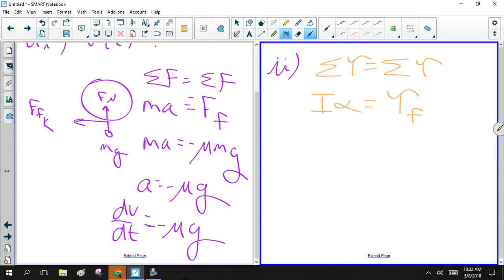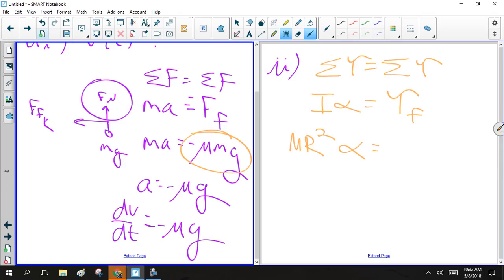Cool? So let's see. So I is mr squared. Alpha is alpha. Torque from friction, well, that's going to be my force of friction times radius, right? Because my pivot point is the center of the hoop.